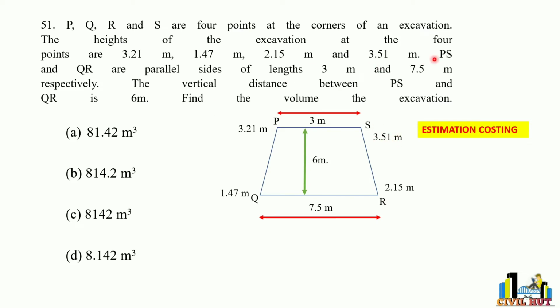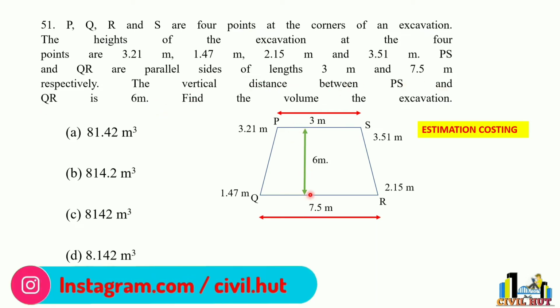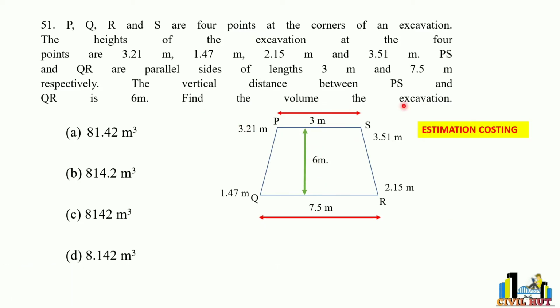PS and QR are the parallel sides, with PS being 3 meters and QR 7.5 meters. The vertical distance between PS and QR is 6 meters. Find the volume of the excavation.